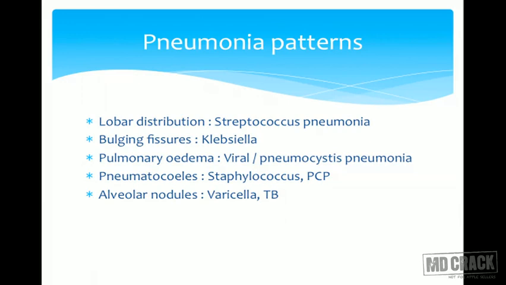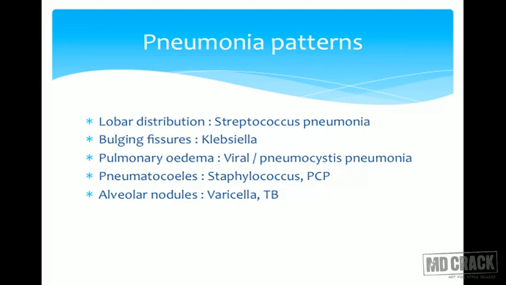Then there are patterns of pneumonia. Although this is not a rule, vaguely, they have been classified. Certain infections follow a certain pattern, but obviously this is not the rule, it's just good to know. Lobar distribution is generally seen in Streptococcus pneumonia, which predominantly involves an entire lobe.